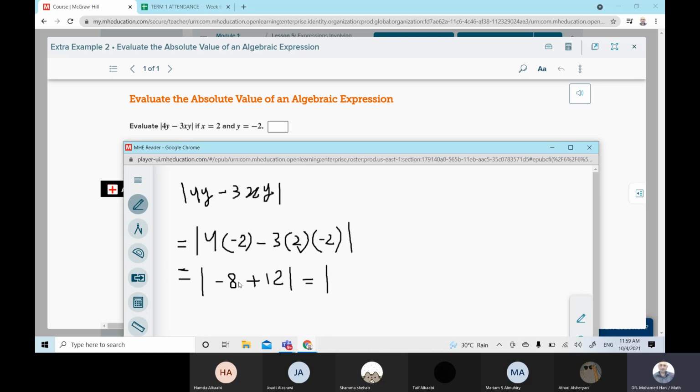Now continue: minus 8 plus 12 will be 4. 4 is positive. The absolute value of a positive number means keep the same number. So the value of this expression will be 4.